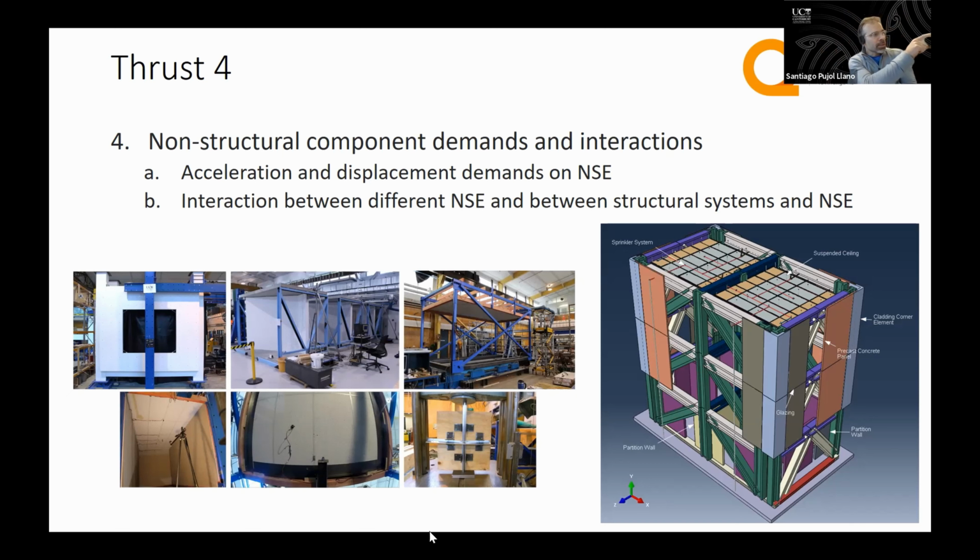One important issue that has been highlighted there as item A is that I'm not sure that the line drawn between what's affected by acceleration and what's affected by deformation has been drawn clearly. We keep being told repeatedly, oh yeah, ceilings and sprinklers are affected by acceleration, not deformation.